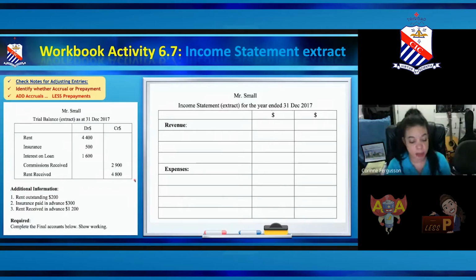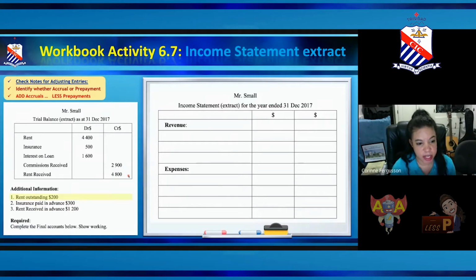So I'm just going to spend some time showing you that it can be done that way. It is your choice. But after I show you this order, for those who might prefer it, I will stick to my order, which is the trial balance. But feel free, as long as you get the correct answer. So this time we're going to go to the notes first.